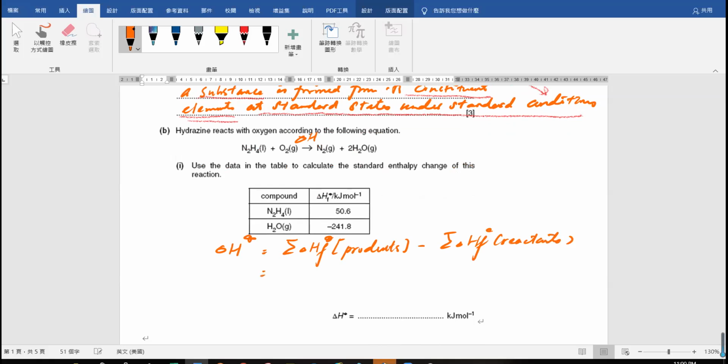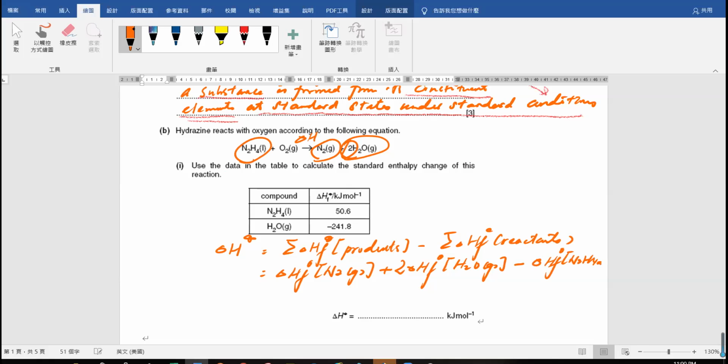So it will be formation of product is this one, plus this one, 2, remember 2, for the product H2O, minus the formation of this one, and minus the formation of oxygen.